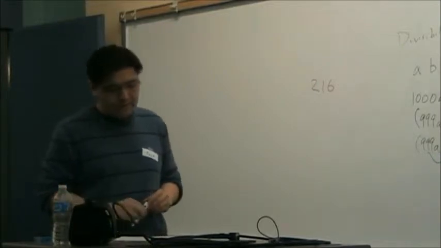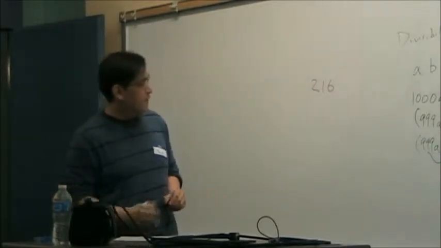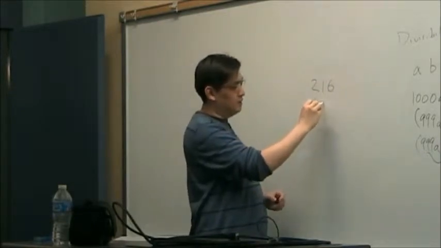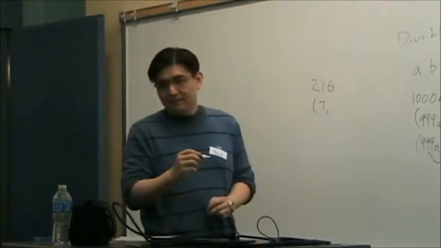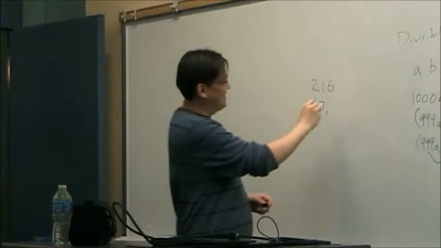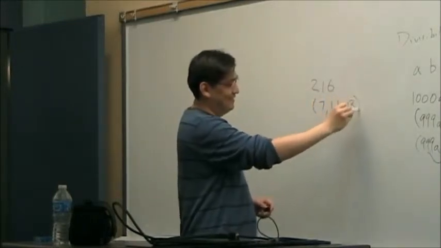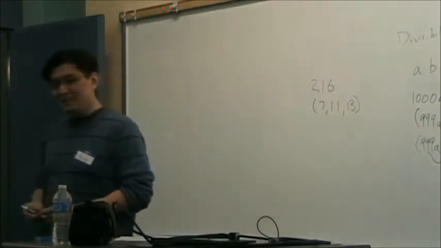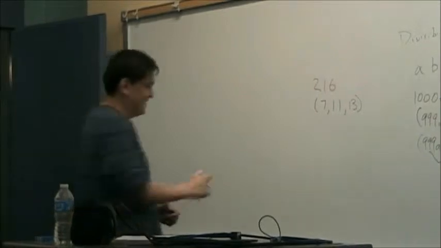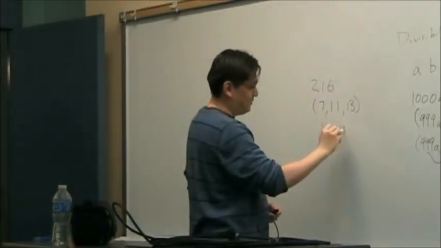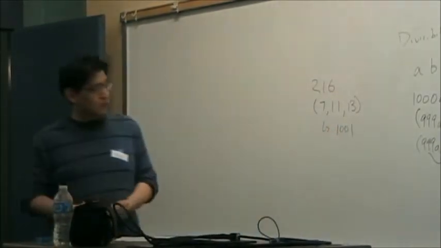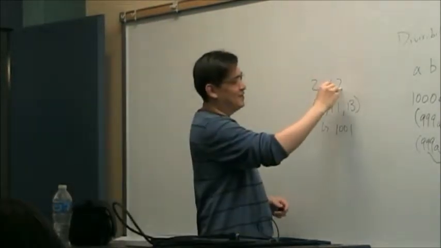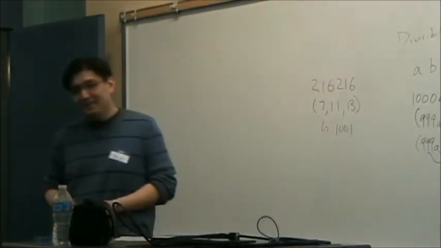Let's say what happens when we multiply this number by 7, 11, and 13. 7 times 11 times 13 is 1001. That's true. So you're claiming that this answer is 216, 216.